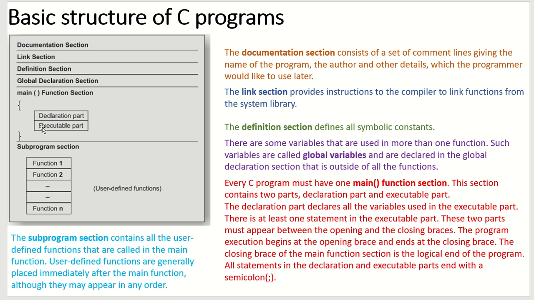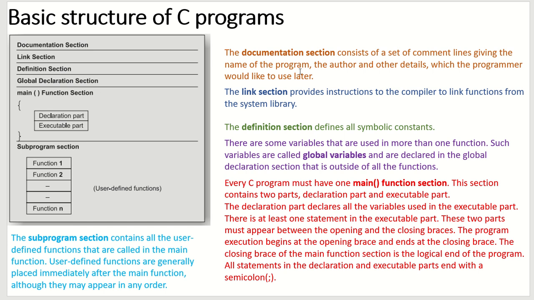So this is the basic structure of a C program: documentation section, link section, definition section, global declaration section, main function section with the curly brackets, and subprogram section, that is user defined functions. That is nothing but a simple and easy diagram for the structure of a C program.